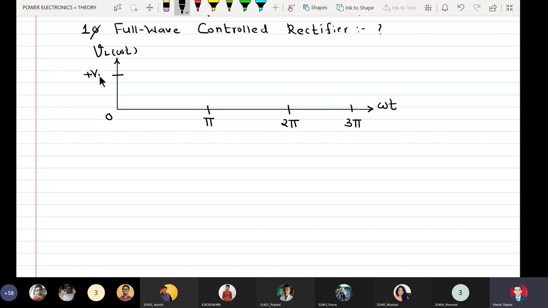This will be plus Vm. Pi by 2, 3 pi by 2, 5 pi by 2, and then we have to define alpha, pi plus alpha, and 2 pi plus alpha.